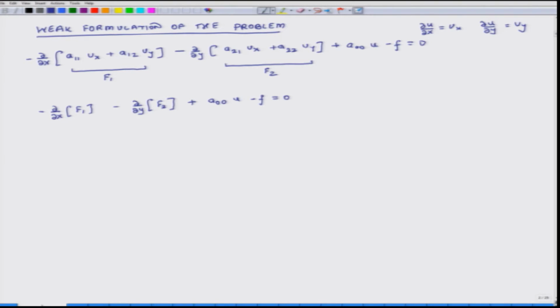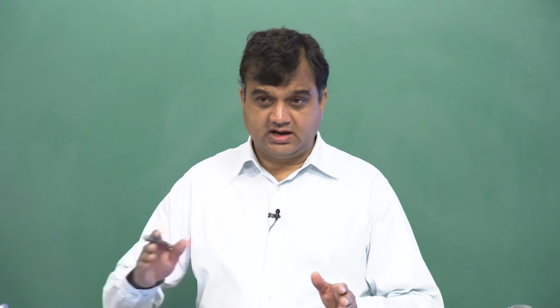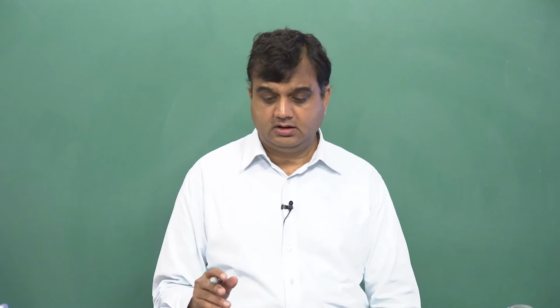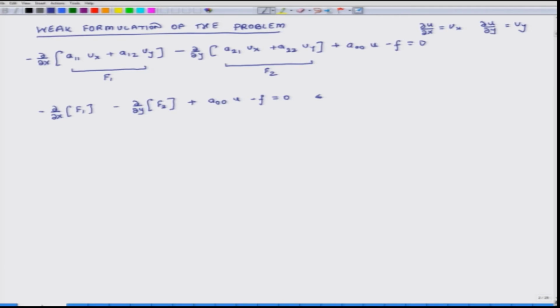Now, we are interested in developing its weak formulation. If my solution for u is accurate, then the left hand side will equal exactly 0 at every individual point in the domain, at every x y coordinate, which equals the right hand side. In that case my solution will be exact and there will be no error.